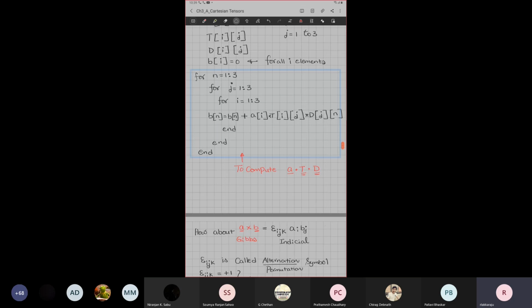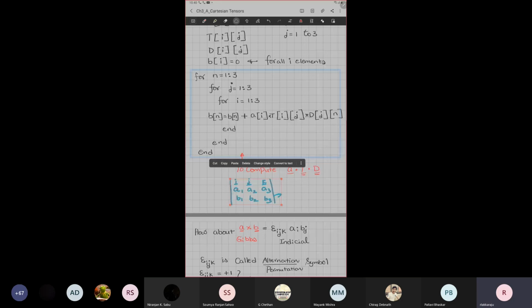Something like A1, A2, A3 cross product B1, B2, B3, with I, J, K. This is just two vectors cross product, but for higher rank things we don't know. If I want to teach it to a computer, it's not an easy task, the way you remember it, whereas these simple loops are pretty easy to handle.